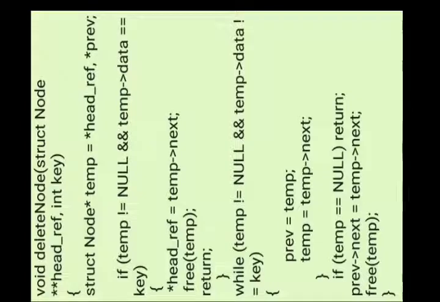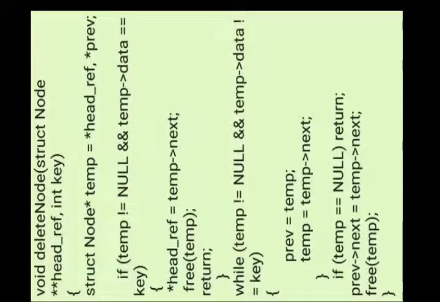I am checking if temporary is not equal to null and temporary data equal to key. Key is what we have mentioned, is found. Then I am assigning temporary next as head pointer. Free the temporary pointer. So this part clearly says that I need to delete a node if that node itself is a head node.